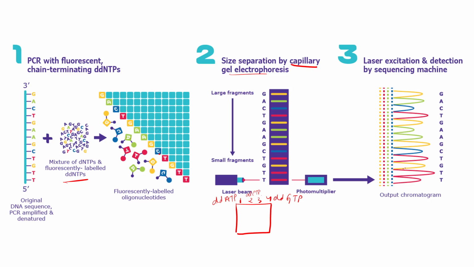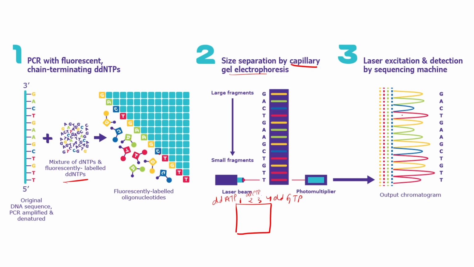You can see in this graph, this is called a chromatogram because it's a colored graph that we are going to analyze. You can easily see that this is a yellow peak, that means it's a guanine. It's a green peak after that, that means it's an adenine.